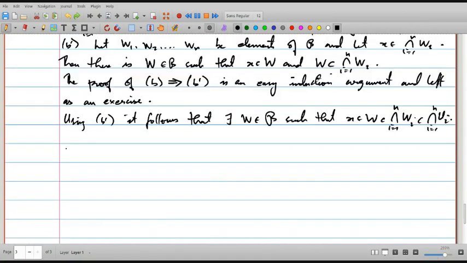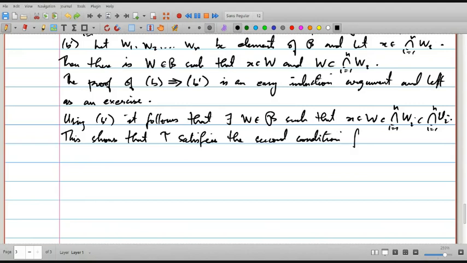So this shows that tau satisfies the second condition for being a topology.